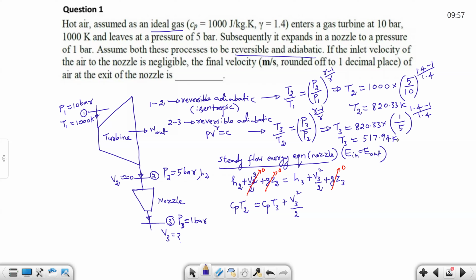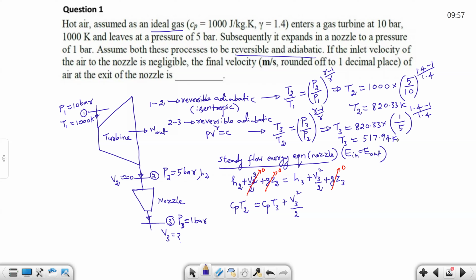So you got T3 and T2, and now you can substitute. Since we want velocity in meter per second, Cp must be substituted in joule per kilogram Kelvin. Cp cannot be substituted in kilojoule per kilogram Kelvin, because V3 we will get in meter per second.